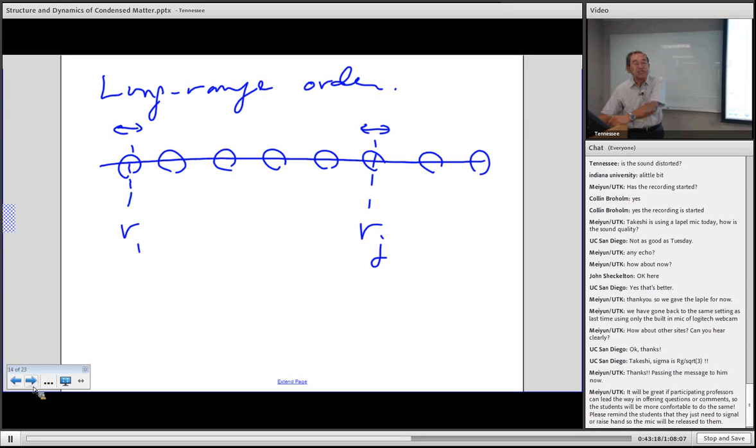So the coherence length of this average position is infinite, or the sample size. The actual atomic motion becomes incoherent, because this atom may be here, this atom may be there, right? This kind of dynamic correlation is lost. But in time average, the coherence length is infinite.